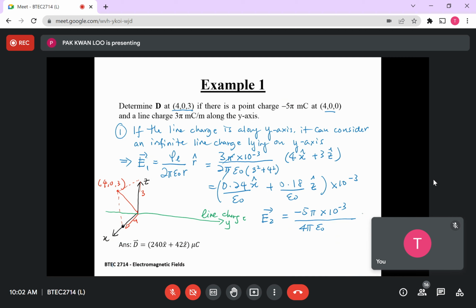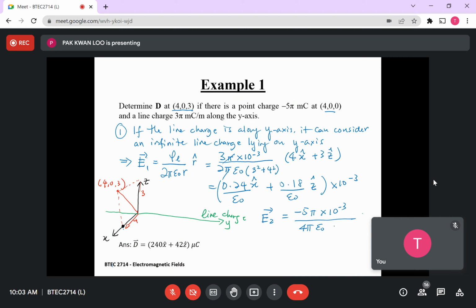Since the point charge is at this position, the black dot position that I have just placed here, it is directly below this point. So the distance is 3, right?